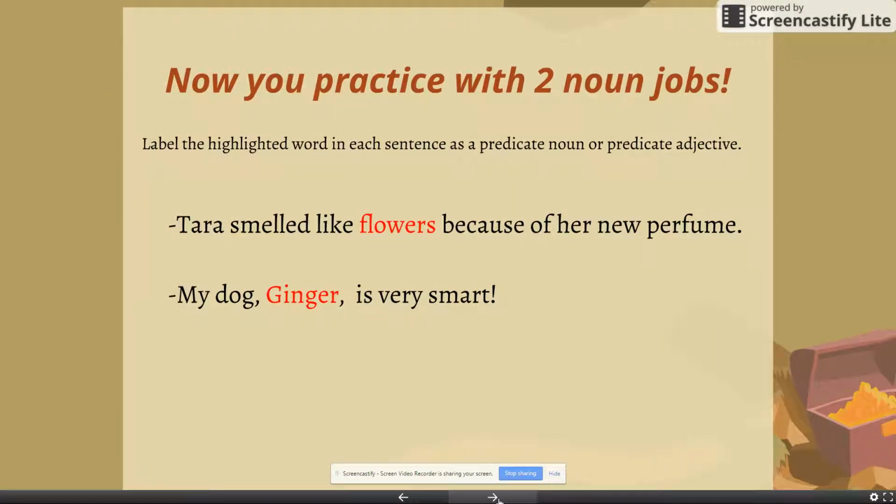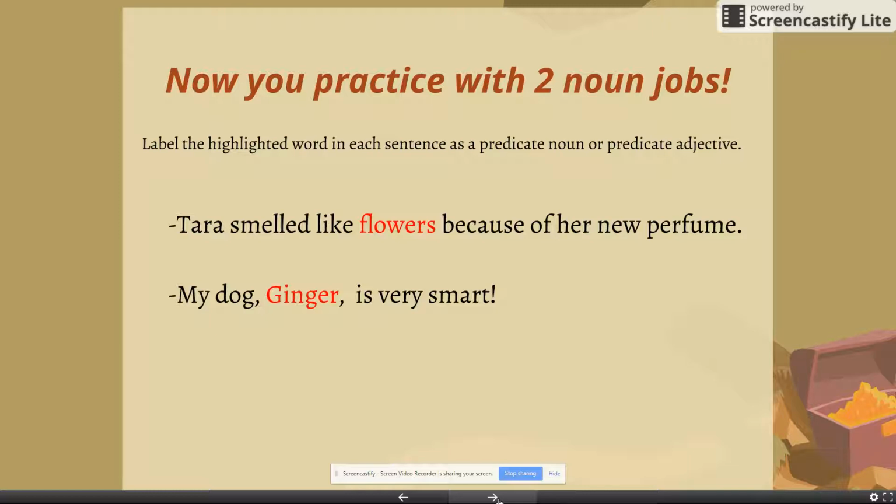Now let's practice with the last 2 noun jobs. In the following 2 sentences, I have highlighted nouns. The first sentence is Tara smelled like flowers because of her new perfume. So Tara is the subject. The verb is smelled. And if you remember, smelled is a linking verb. So it's not an action verb. So then you know you're looking for a predicate noun or predicate adjective.